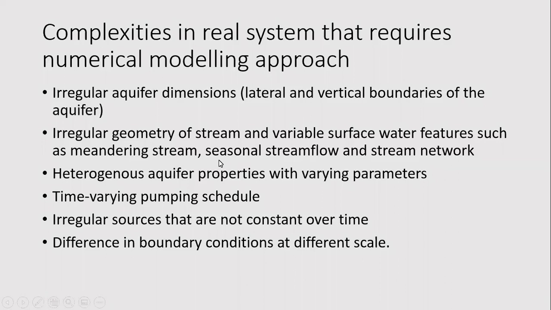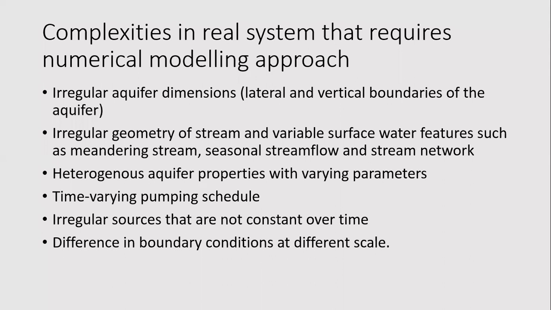And this is when the numerical model comes into place, because it is also able to factor in heterogeneous aquifer properties with varying parameters, and time-varying pumping schedules. So with seasonal pumping schedules, you pump today, tomorrow you're not pumping, pump the day after. It is able to factor in such time-varying pumping schedules. It's also important to factor in irregular sources that are not constant over time.